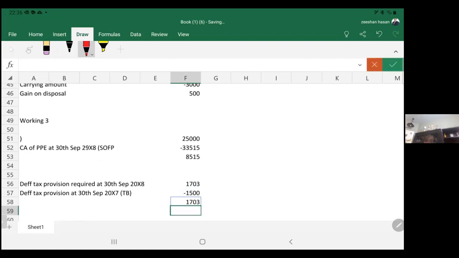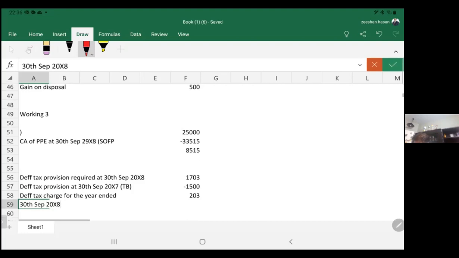Oh, just a second, sorry. It is equal to sum 203. So deferred tax charge for the year ended 30th September 2008.